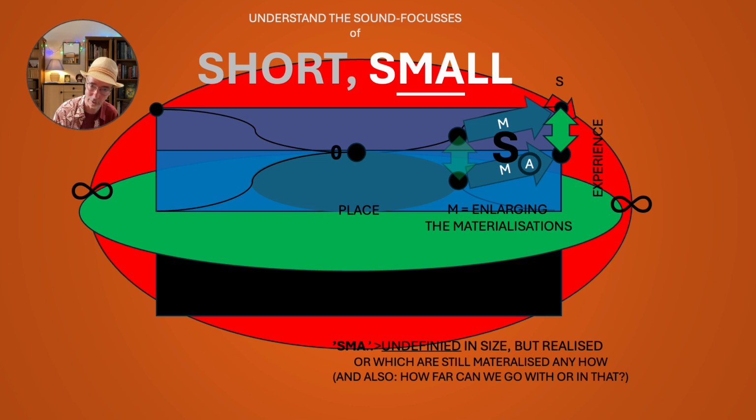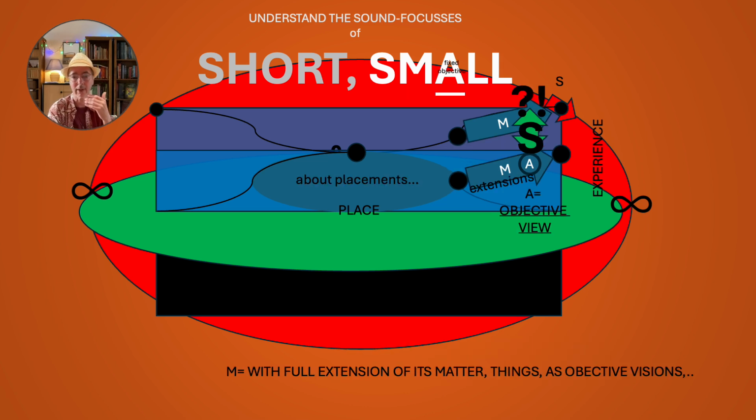So far, so good. And then with A to it, we want to have a real objective notice about it. How much is there actually materializing? It doesn't say it is materializing and becoming bigger. It is more like, how much do we estimate here of what is materializing there?